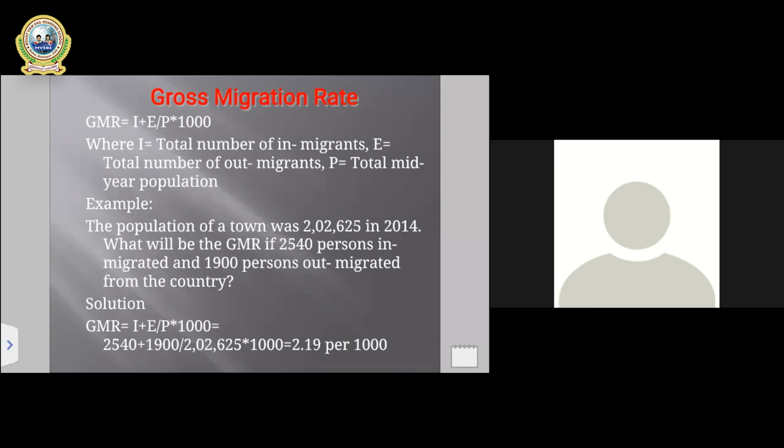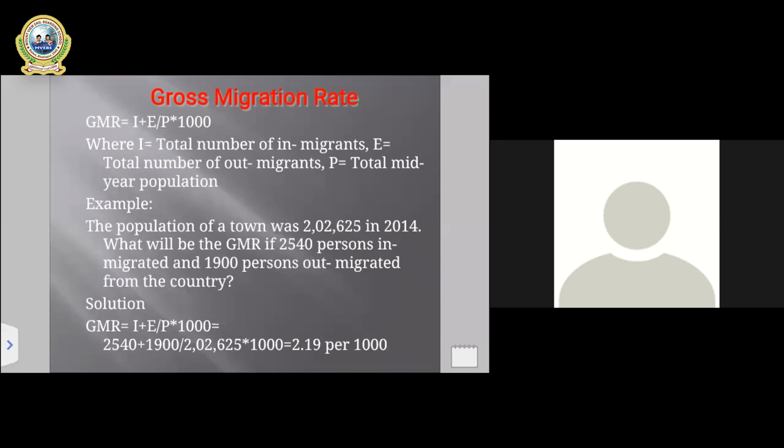E is the total number of out migrants, the outgoing population, and P equals the total mid-year population. The meaning is the same as in the net migration rate.